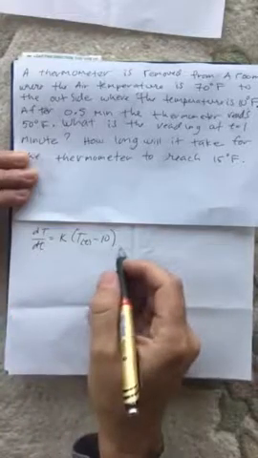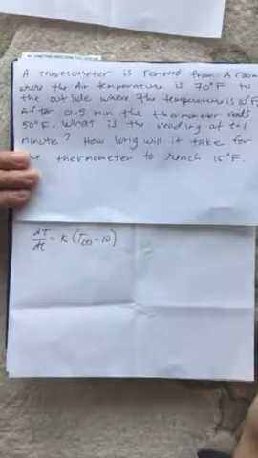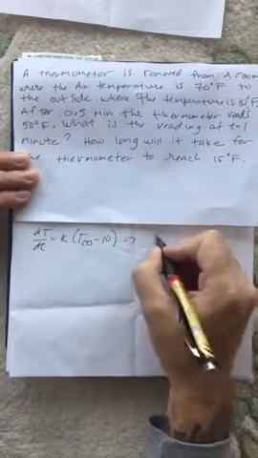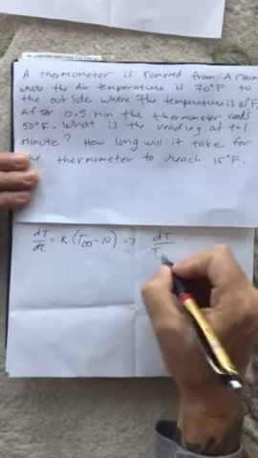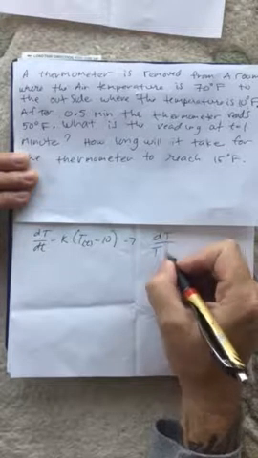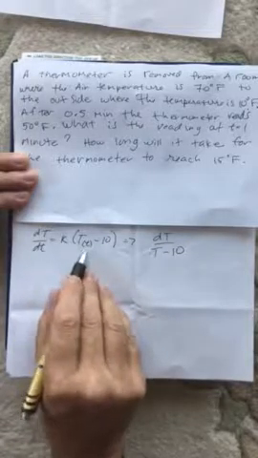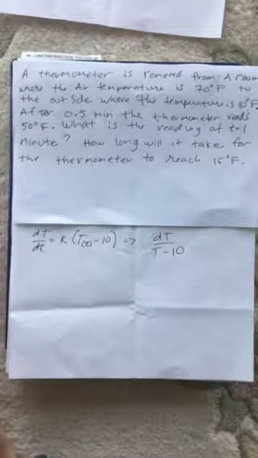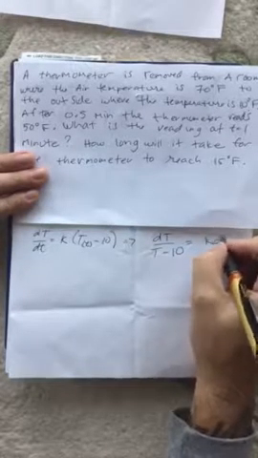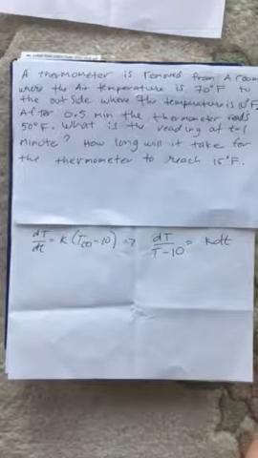And we want to separate the variables. So we got big T, little t. So there's two variables. Get those on opposite sides of each other. So bring this down. So we got dT, the infinitesimally small change in temperature, divided by T minus 10. We'll get rid of this little t just to make it less messy. So equals k dt.